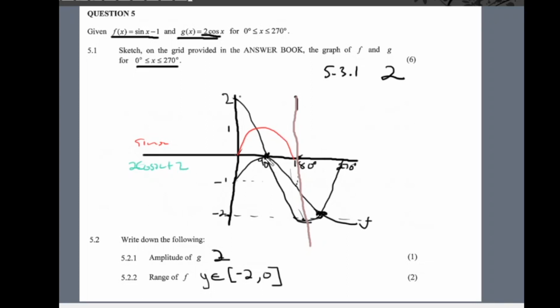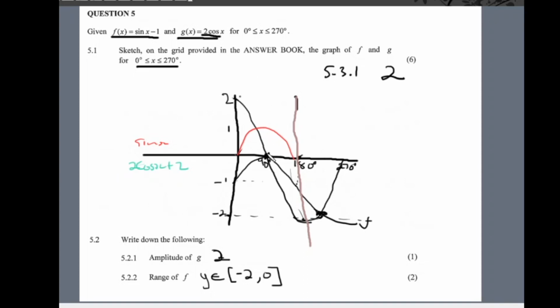So learners, in this region, notice this is the graph of 2 cos x. This one, let me trace this line, this is the graph of 2 cos x. And then when you say plus 2, it means you will transform this graph of 2 cos x and shift it 2 units up, right?